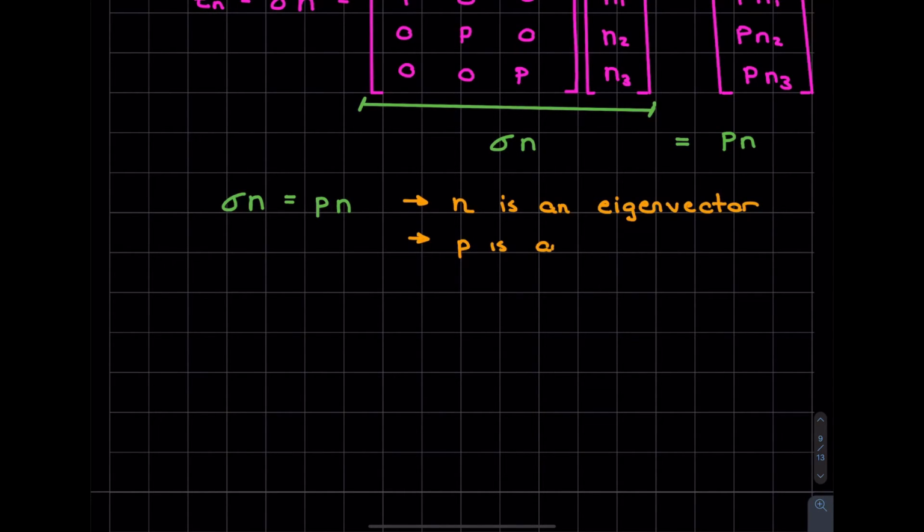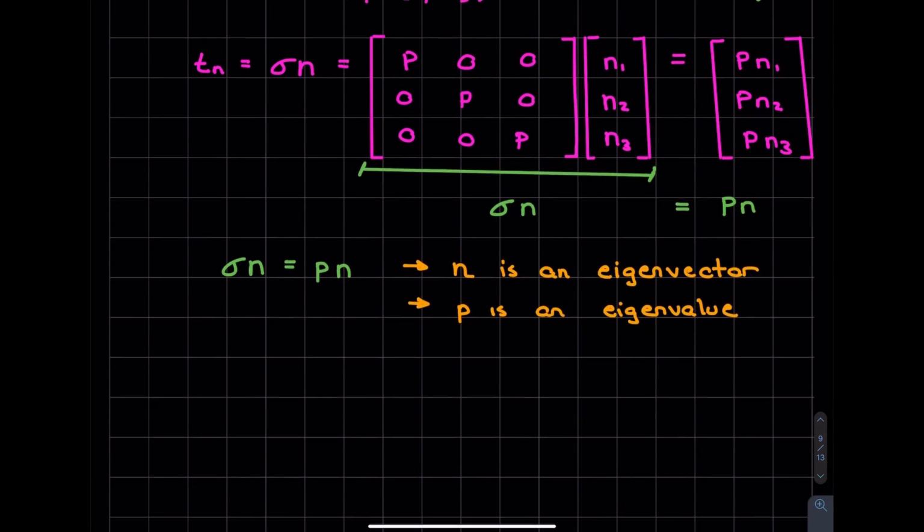So if n's an eigenvector and p is an eigenvalue, let's think about what exactly that means. Remember that this means that the matrix is diagonal. And if the matrix is diagonal, then of course there's going to be no shear stresses.